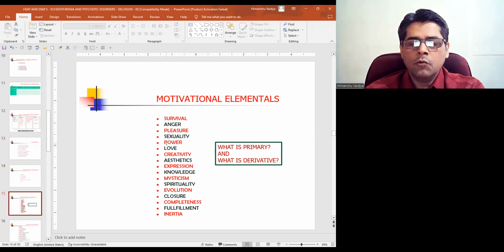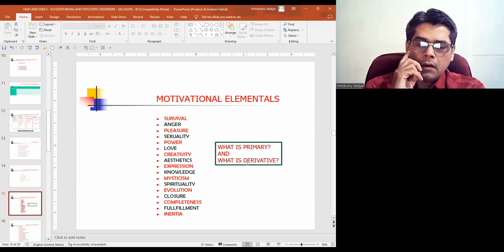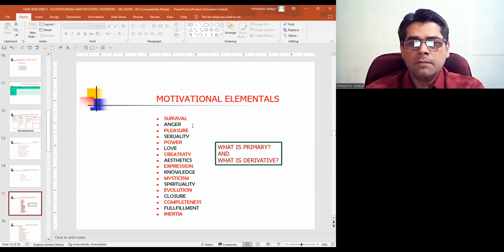In terms of motivational elementals, we should be clear here what is primary and what is derivative. What are the causes and what are the consequences? Because some of the variables from here will be on the causal side and some of them will be on the consequence side.